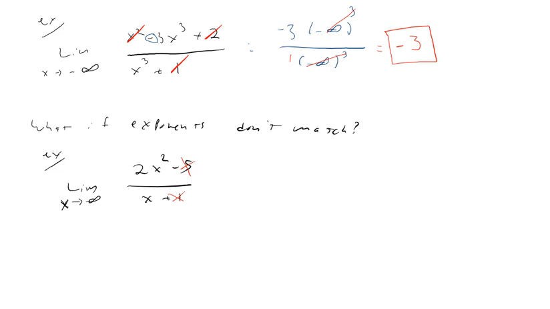And just like before, I can cancel x's, or infinities. I can cancel my variables here. So I have 1x on the bottom, and 2x's on the top. So one of my x's will cancel here. The entire x will cancel here.